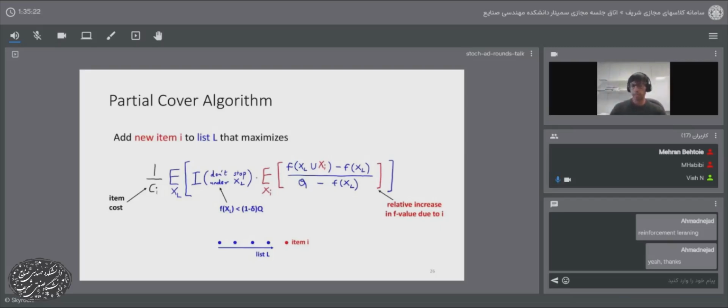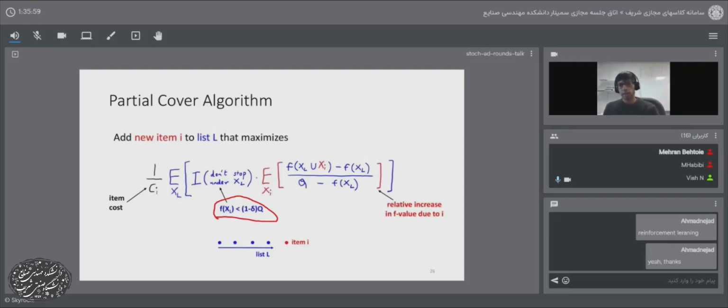So those are these blue items over here, where we have an indicator or a filter which says that the non-adaptive policy does not stop after probing these items in the list. So it does not stop before getting to the item I. So that's what we have here. So this says that the stopping criteria is not achieved before reaching item I. And then we have the expectation over item I of the increase in function value.